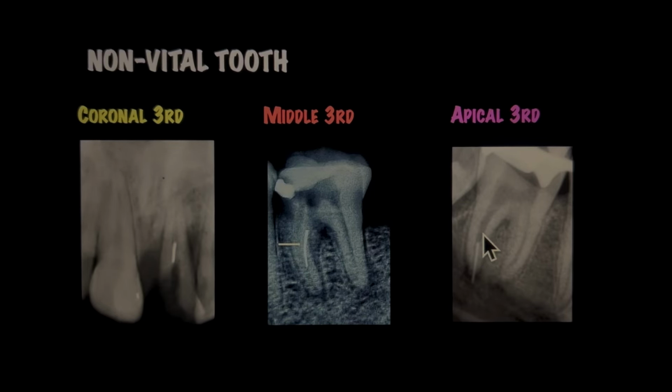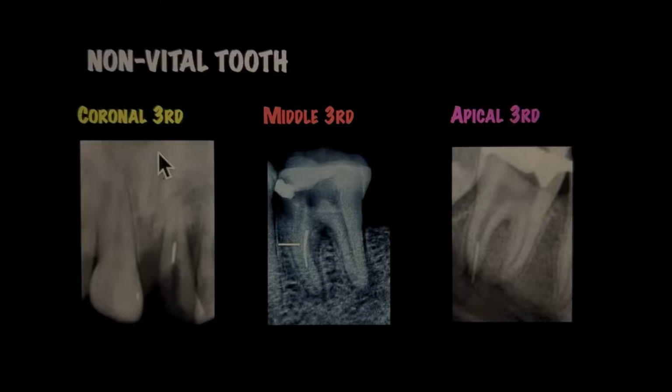Now, in case of a non-vital tooth, first let's divide into two categories. First is if significant cleaning and shaping is already done, and next is if significant cleaning and shaping is not done.